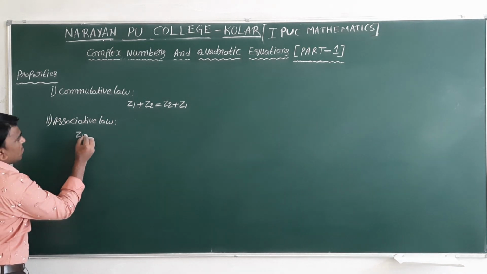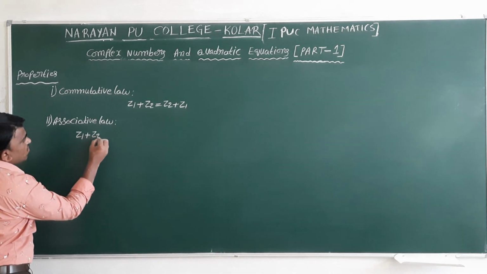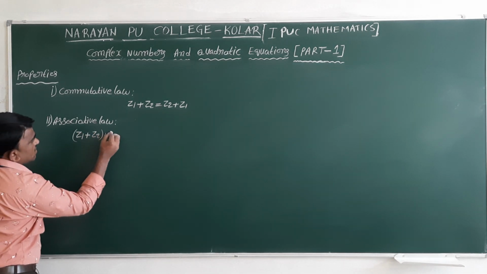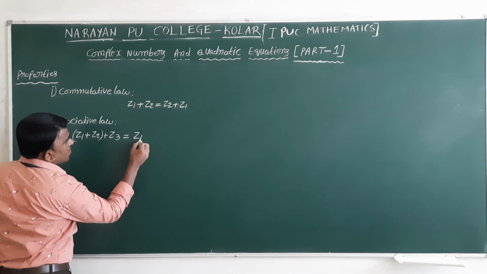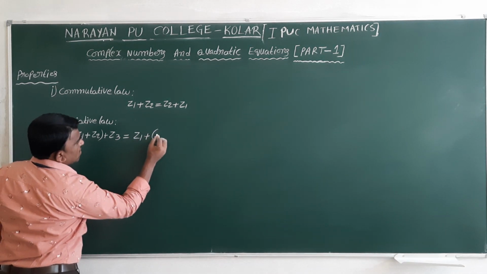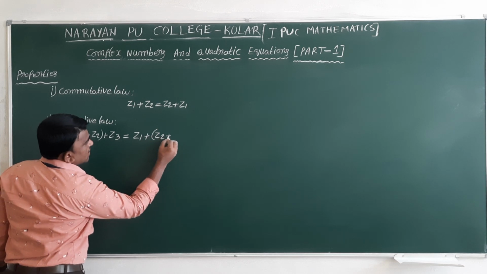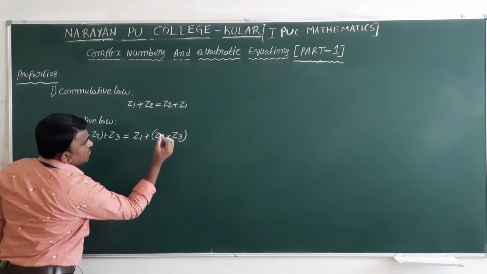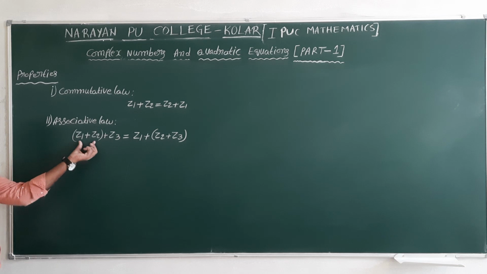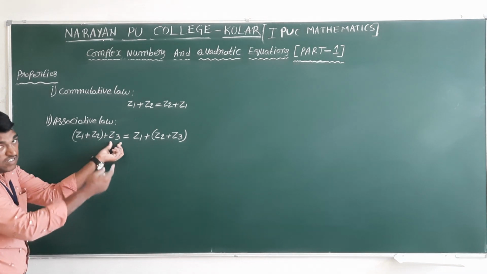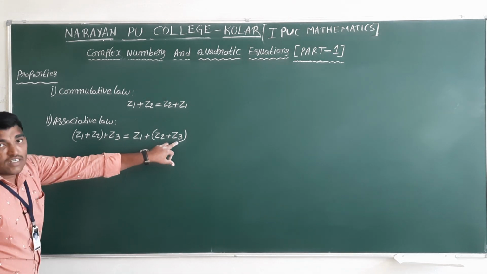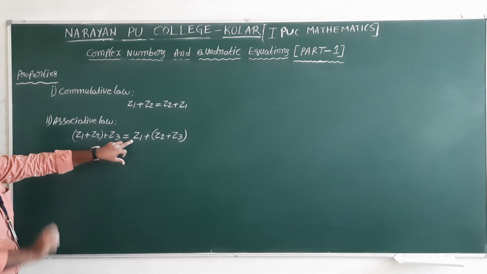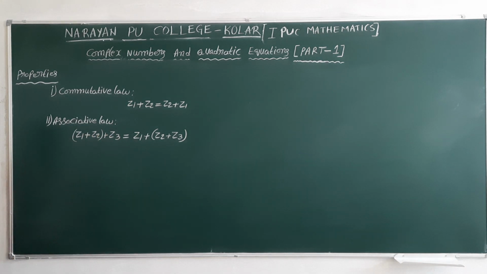(Z1 + Z2) + Z3 = Z1 + (Z2 + Z3). First we add Z1 + Z2, and with that result we add Z3; that equals first adding Z2 + Z3, and with that result adding Z1. This is the associative law.